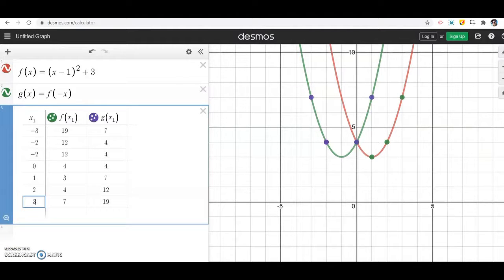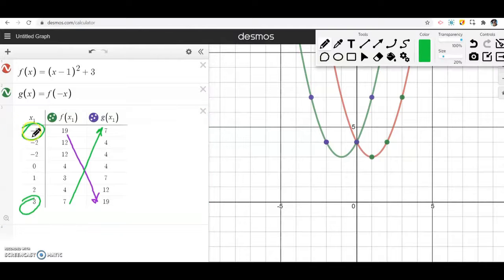Now pause the video and look at that table and see what changes. See what's inverted. It's a little bit tricky to see, but what used to be at -3 used to be 19. Now +3 gives you the 19 for the g function.